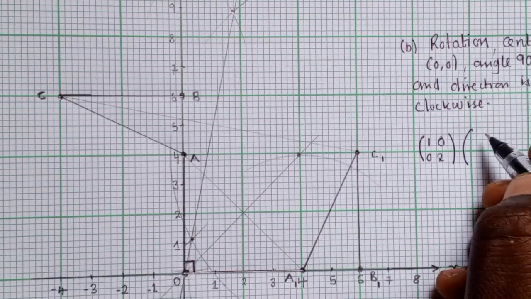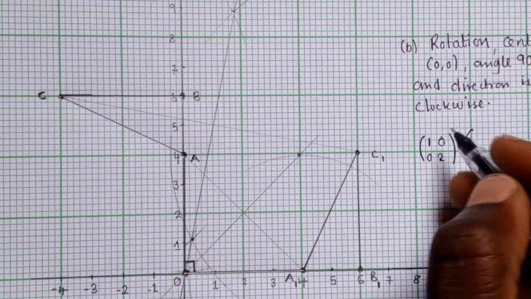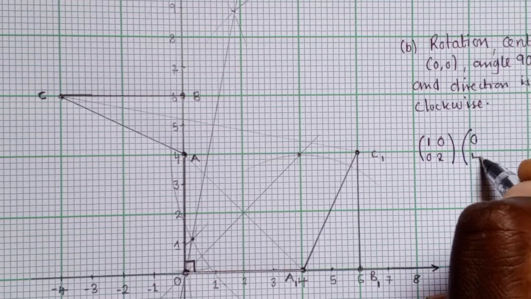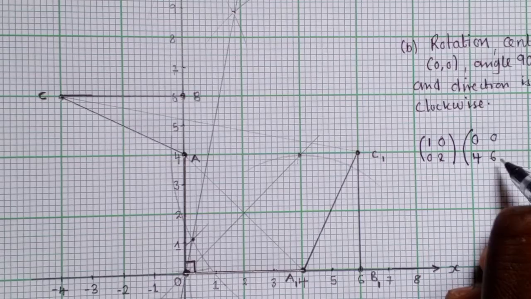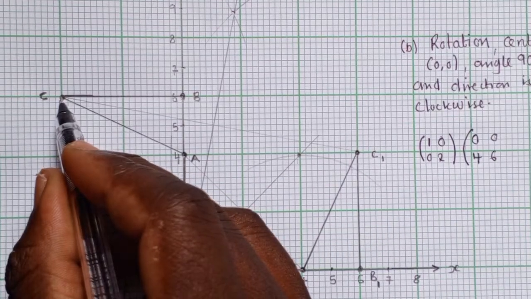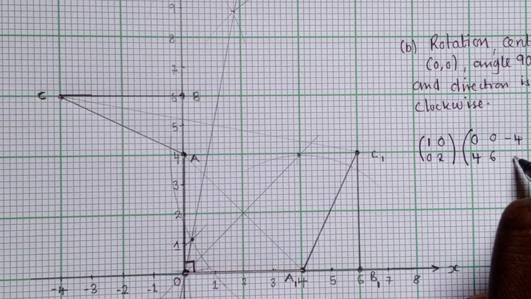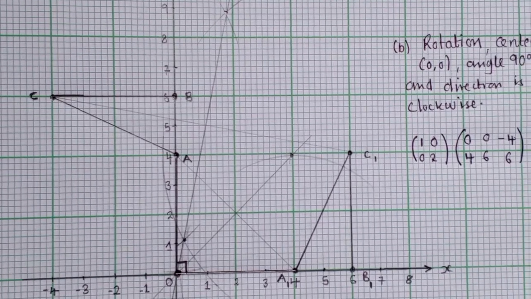So the matrices of the original shape is, if you don't know it, so you pick here, it's a 0, comma what? Comma 4. Okay? Here it's a 0, comma 6. And lastly on C it's a negative 4, comma 6. So these are the matrices or the points that you need.